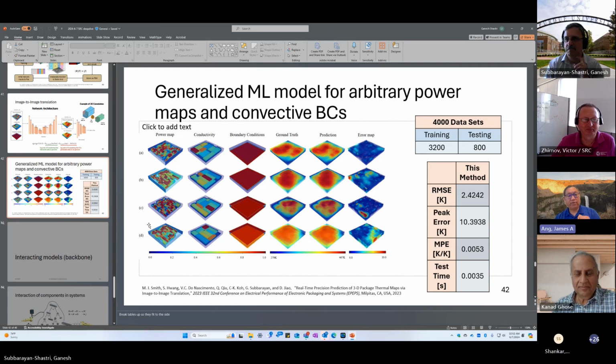Two questions. One on this graphic and the problem you were solving. It sounds like you were optimizing for the power delivery and the thermal response of the system, but it seems like there are some other constraints that you could optimize to, like the physical placement of chiplets. It's like a bin packing problem, and then there's also a network effect.